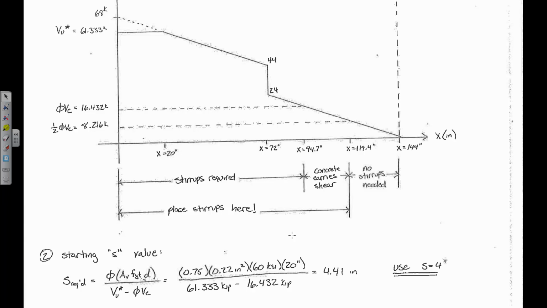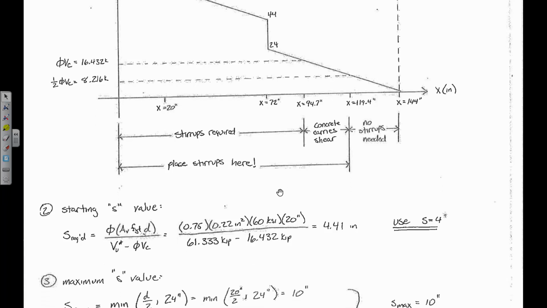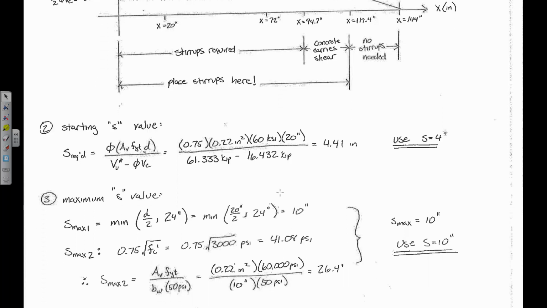Okay. But now the question is, what's S max, right? Well, let's determine that. So we've got our S required. What's going on with our maximum S value? Well, we determine S max 1, which is the minimum of d over 2, or 24 inches. So d is 20, so 20 over 2 is 10. So that's 10 inches. And S max 2, remember we take 0.75 square root of f'c, and that comes out to be like 41.